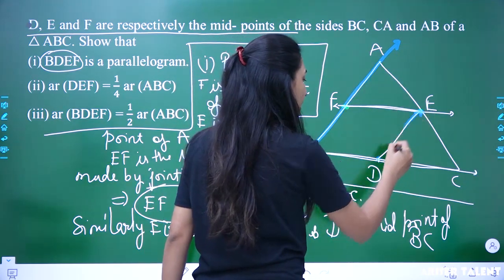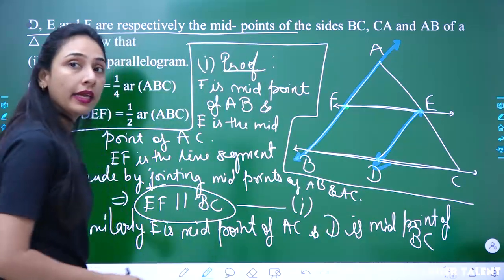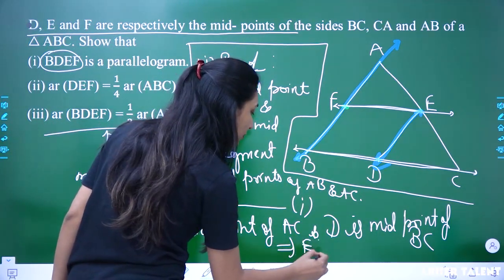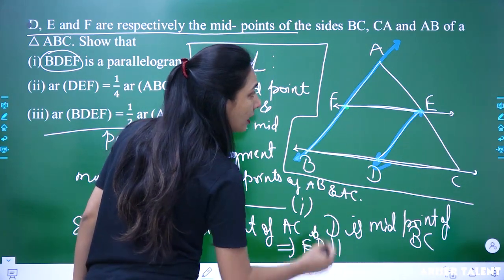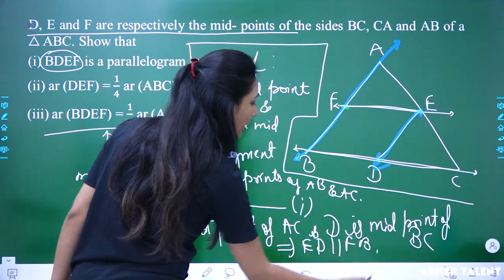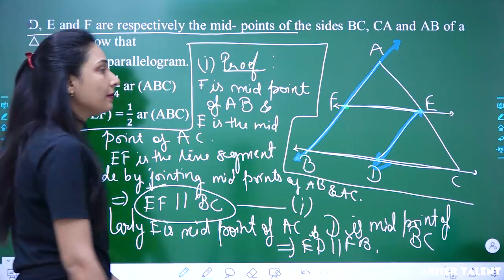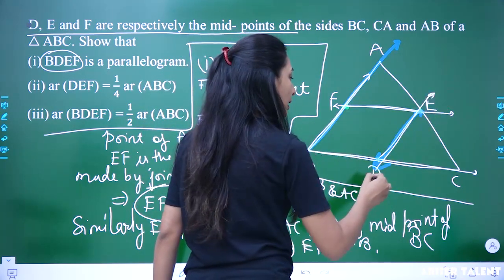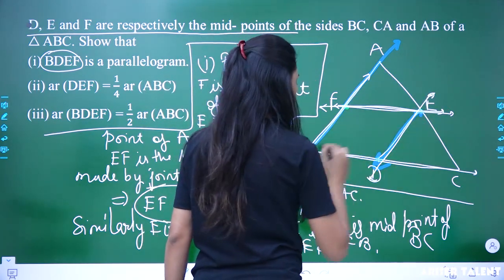So, this ED will be what? Parallel to AB. This implies that ED will be parallel to FB because parts of parallel line are also parallel. Okay, this implies that these two lines are parallel and these two lines are parallel.